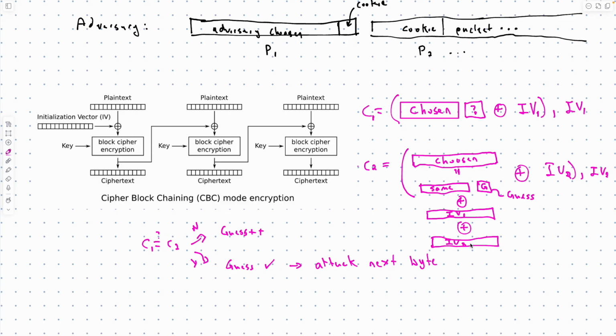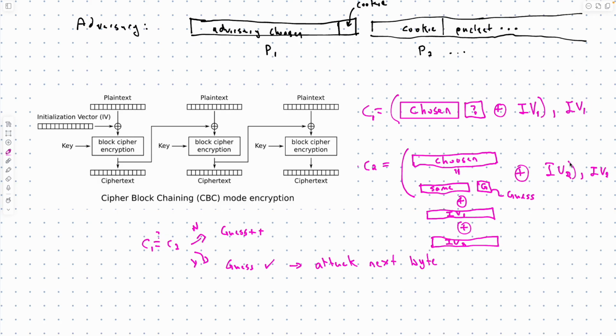Yes. So to give you an idea of what IV1 is, even though you don't really know what IV1 is, I know IV1 because I saw it. It was the thing that was encrypted the first time. So I stole IV1 from the last time I encrypted.